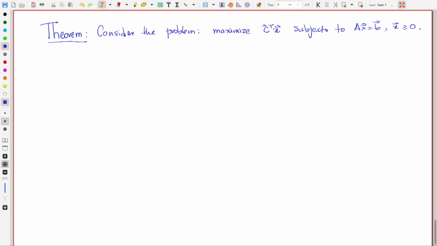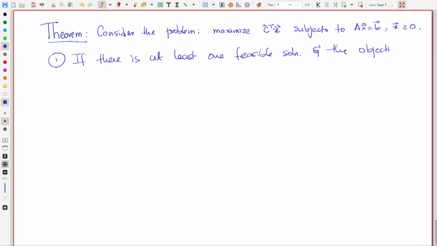Then the first statement is that if there is at least one feasible solution, that means if there is at least one vector x which satisfies these conditions, forget about the maximization, and the objective function is bounded, then there is an optimal solution.